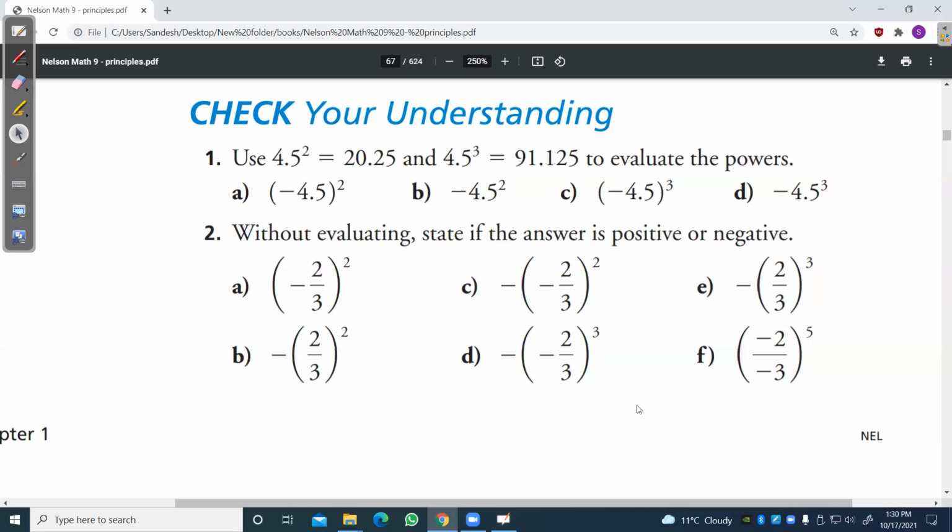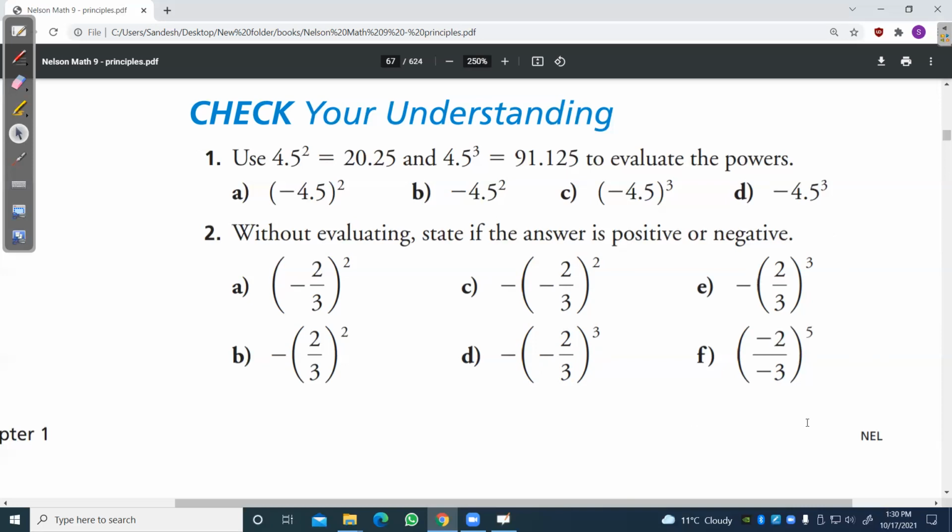What about D? Negative? So for D, notice this will be a negative. Then there's a negative sign on the outside. So is it a positive? It's going to be a positive. Yes, exactly. What about E? Negative.